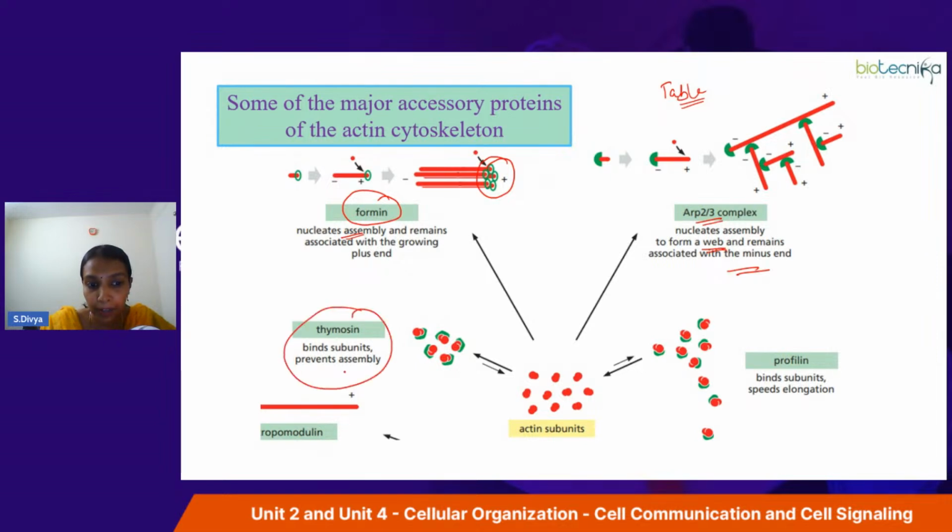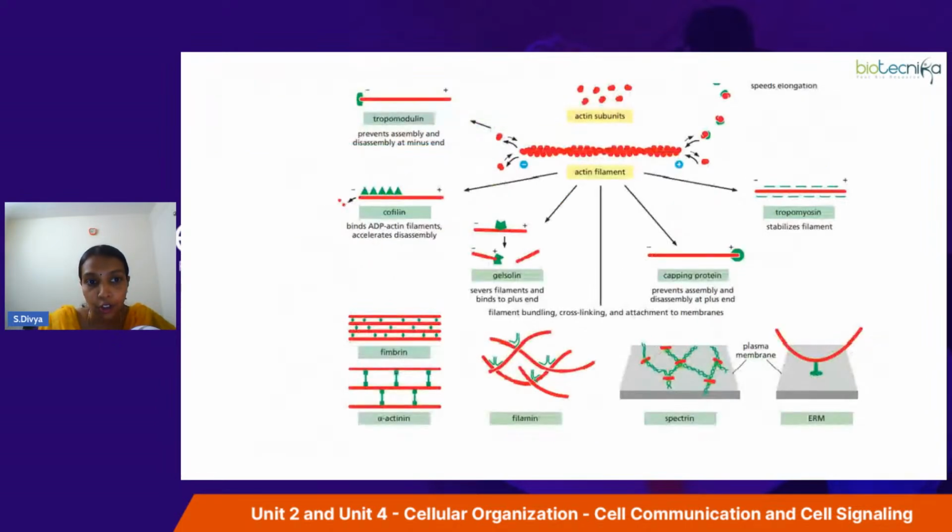Thymosin prevents the assembly, so this is again depolymerization. Profilin speeds the elongation, that means this is polymerization. See, these two are contradictory to each other.